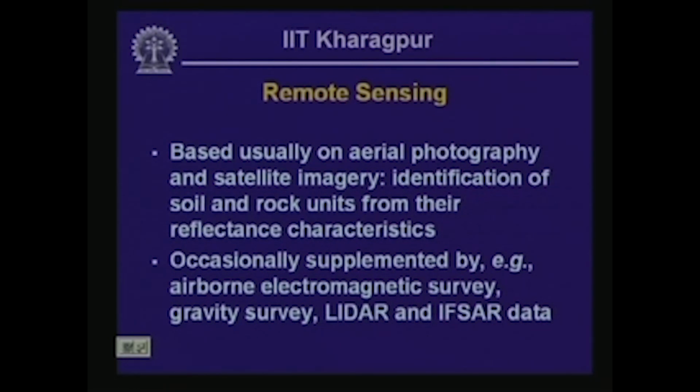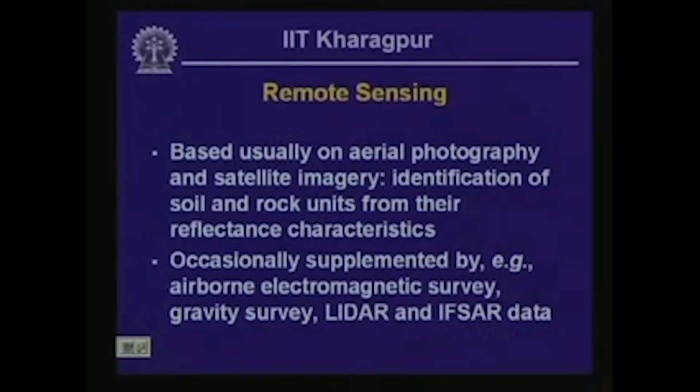Also included in the list of data sources that we discussed earlier is remote sensing. Now, in remote sensing, what we do essentially is look at reflectance, and we try to identify different features, different outcrops from the differences in their reflectance characteristics.